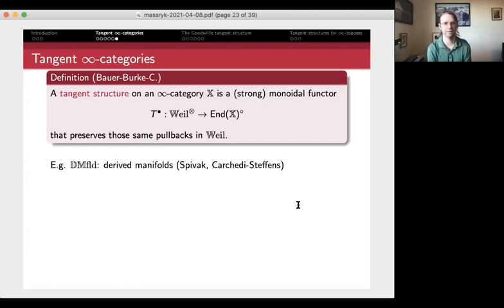So in the category of manifolds, you can take pullbacks along two maps that are transverse, but in general, you don't have pullbacks. And so derived manifolds is a way to expand the category of manifolds to give you those extra pullbacks. And this is an infinity category. It can't be realized as an ordinary category. And so our first example of a tangent structure shows that the ordinary tangent bundle on manifolds extends to a tangent structure on these derived manifolds.